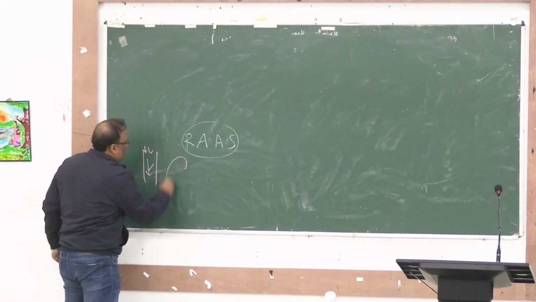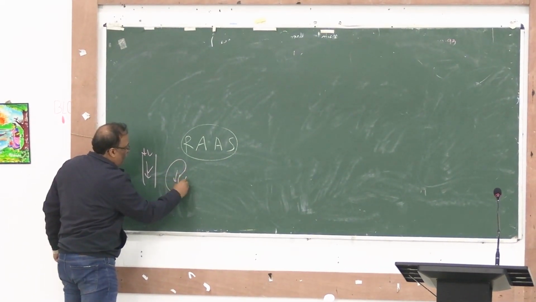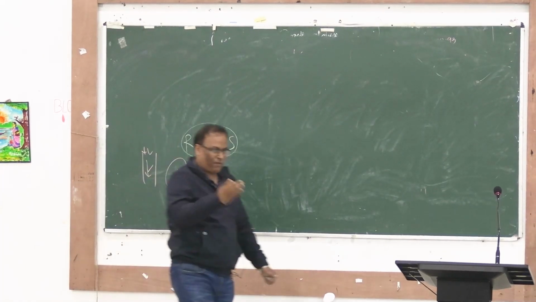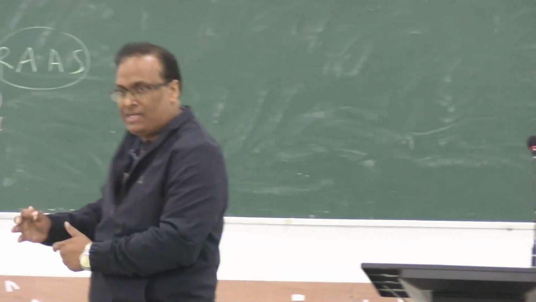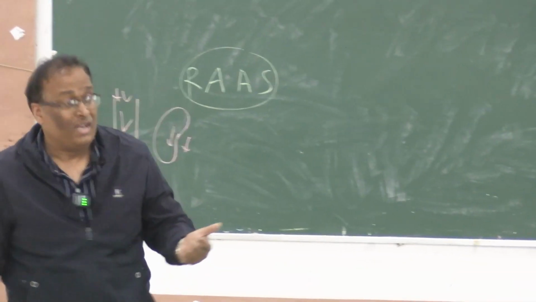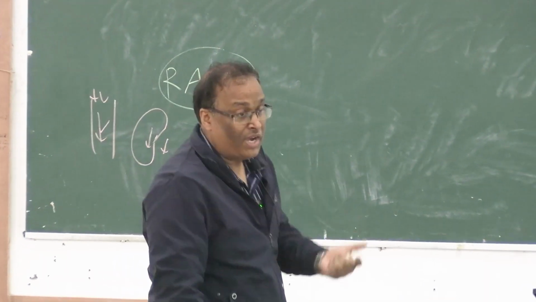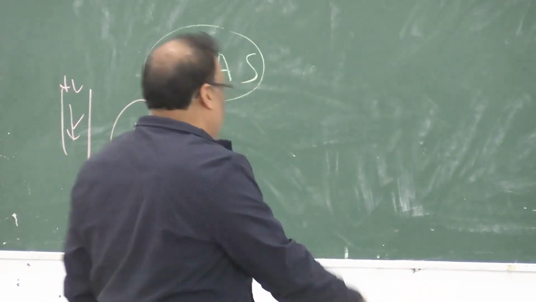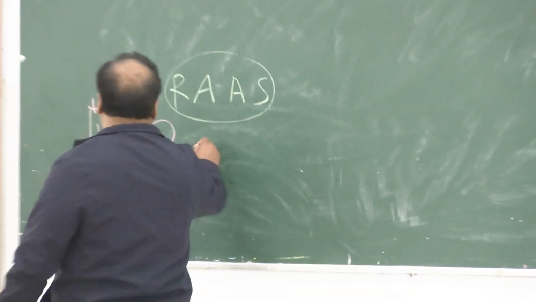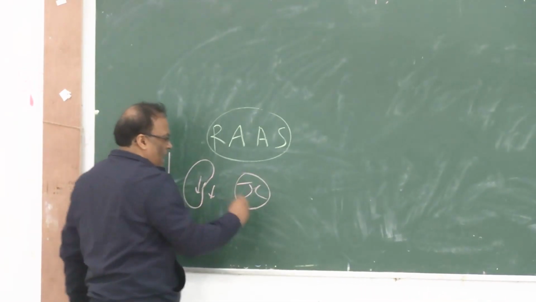Then in the kidney there will be less perfusion. When the less perfusion is there, juxtaglomerular cells will be stimulated, right? That is the part. When blood volume in the vessels is less, then the perfusion in the kidney will be less, then your renin will be secreted by the juxtaglomerular cell when it is stimulated. So renin is secreted from the juxtaglomerular cell, right?